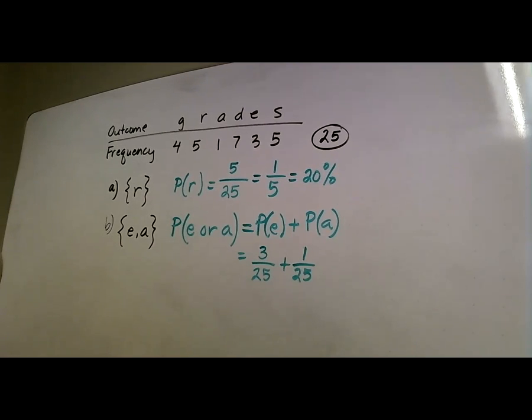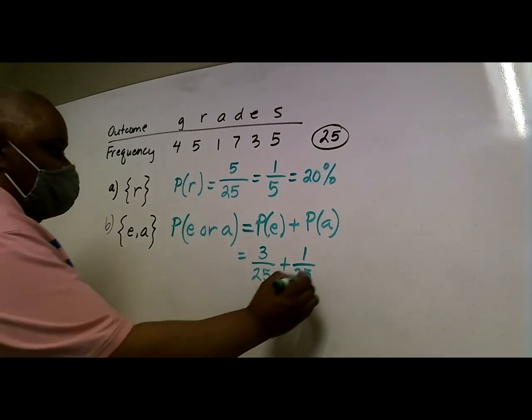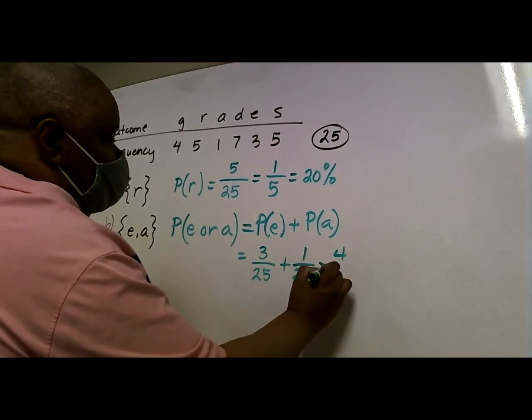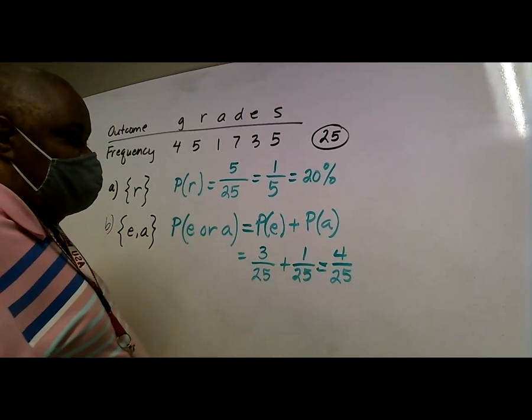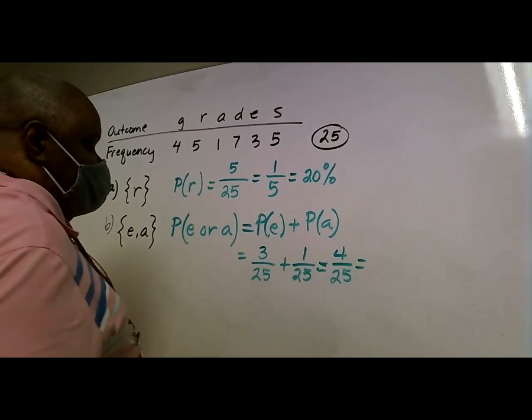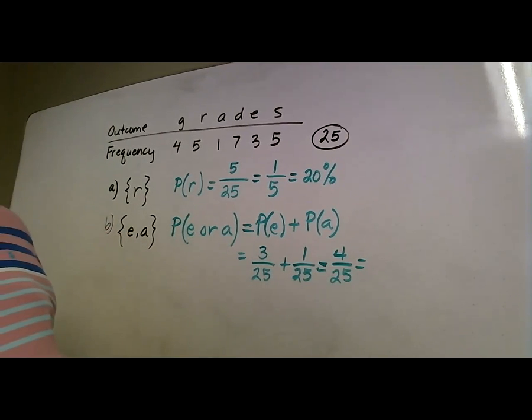So we just basically add the 2 probabilities together. What's 3/25 plus 1/25? 4/25. And it's already in simplest form. But let's say they want this as a percent. It'd be 16%.